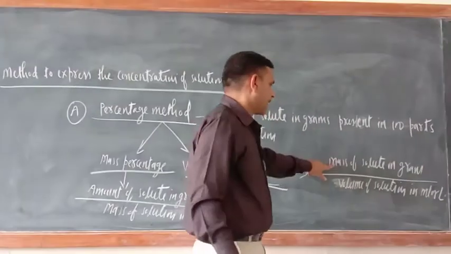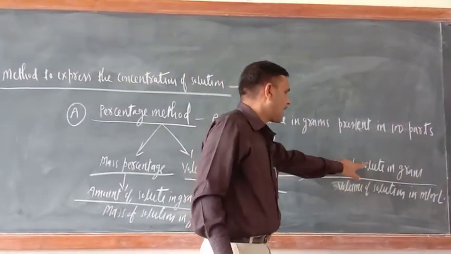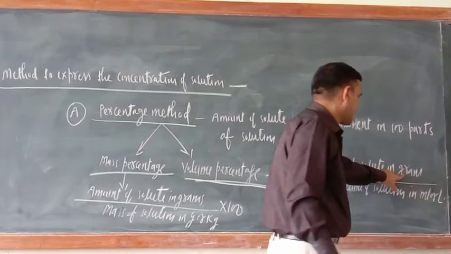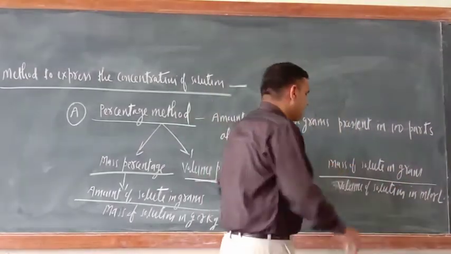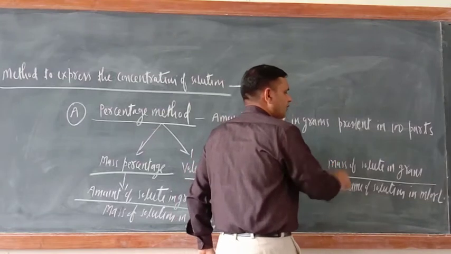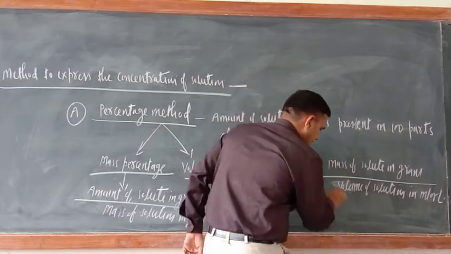Try to understand, here it is optional. Mass of solute you can take, suppose it is a liquid solution. Then in place of mass of solute, what will you take? Volume of solute.